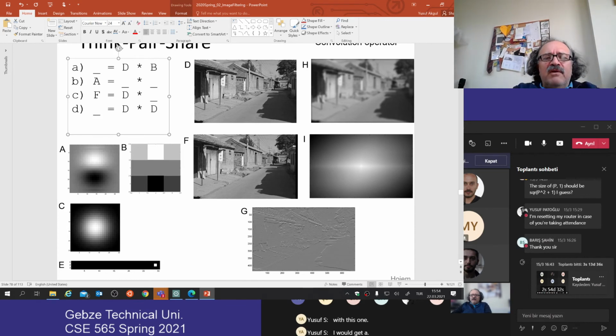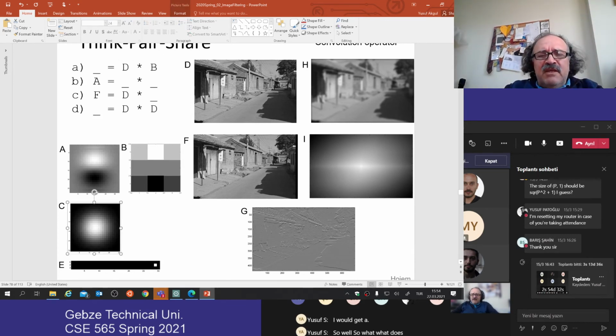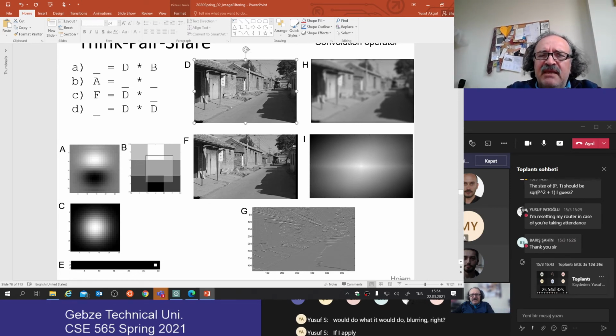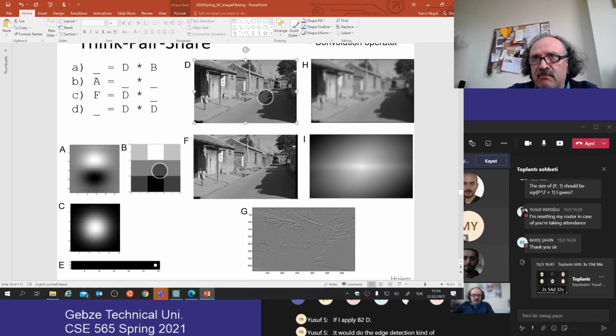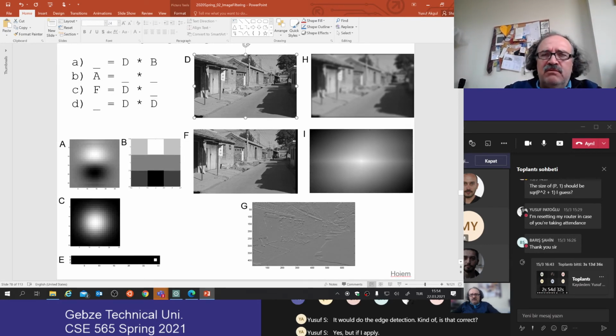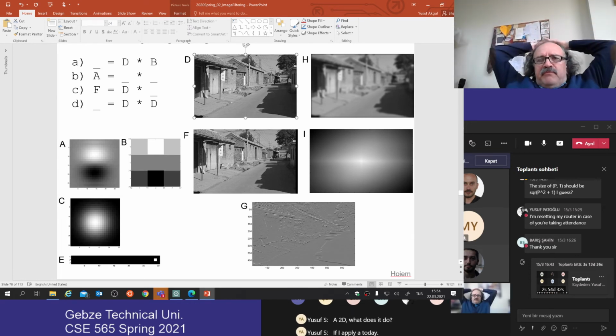So what does C do? If I apply C to D, it would do blurring, right? If I apply B to D, it would do the edge detection, kind of. Is that correct? Yes. But if I apply A to D, what would I get?